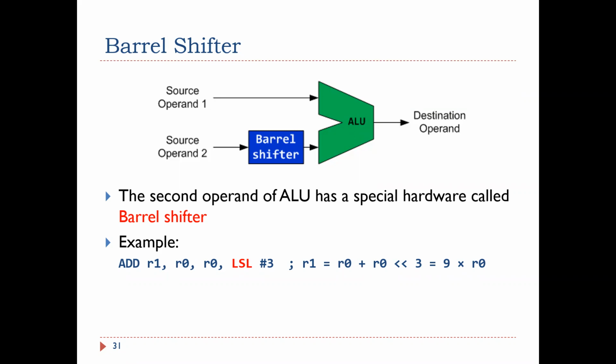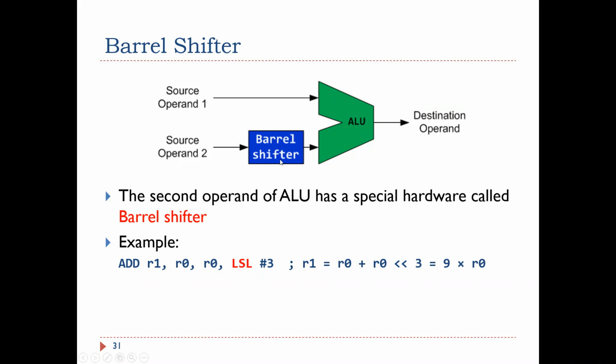So it's 3 times more time consuming. By adding a barrel shifter here, if you can formulate a simple multiplication, obviously not a complex one, you can bypass the multiplication hardware.